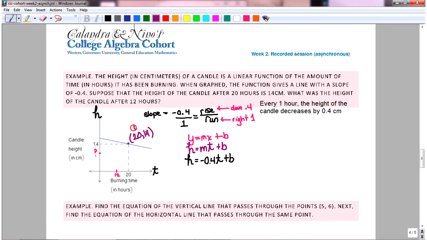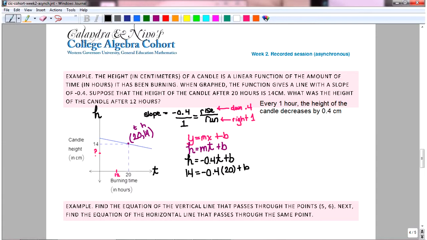So that's my t value and my h value. So our equation becomes 14 is equal to negative 0.4 times t, which is 20, plus b.